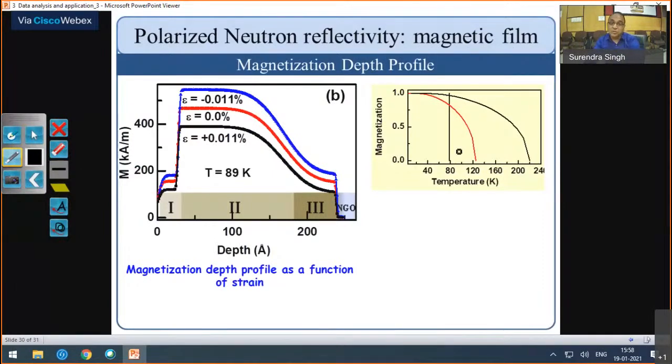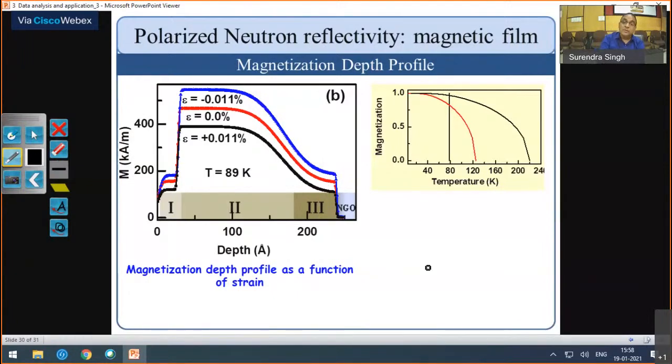And you know, for any ferromagnetic material, you get this kind of curve of magnetization versus temperature. If at a particular temperature the magnetization is increasing, what does it say? It says there will definitely be a change in the TC of that material. The same thing we are getting when applying a compressive strain: our magnetization has gone from here to here.